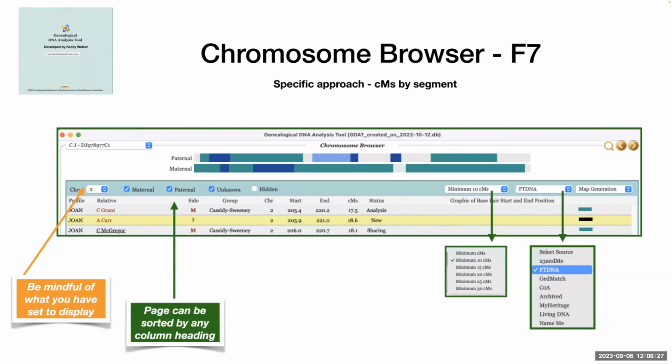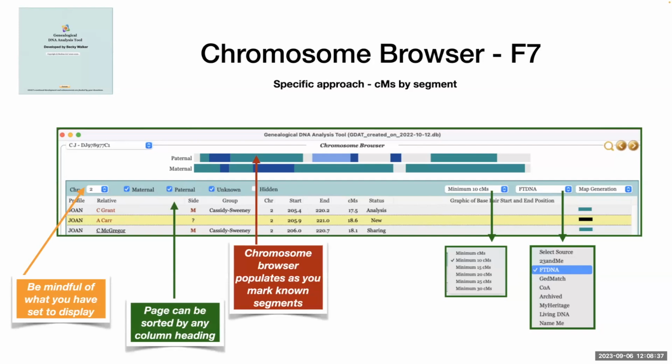The page can be sorted by any column heading, so you can sort by side, sort by group, start, end, size, status, that sort of thing. And the chromosome browser at the top here populates as you mark known segments. So it starts to color in, and these colors can be changed as well so that they're more appealing.